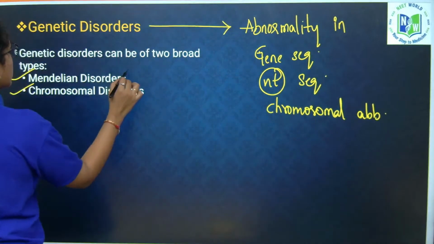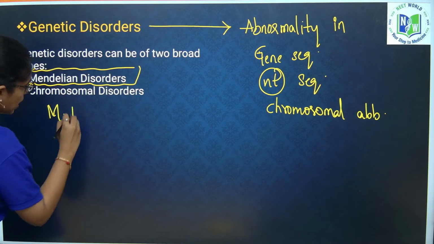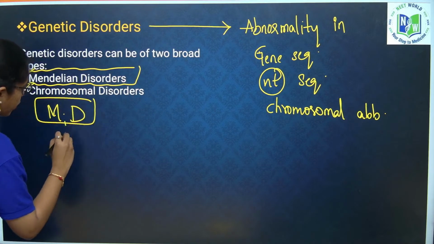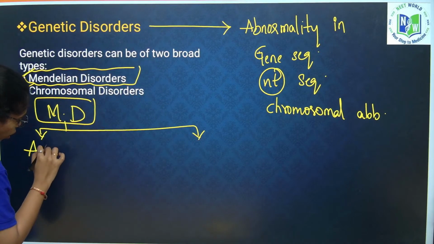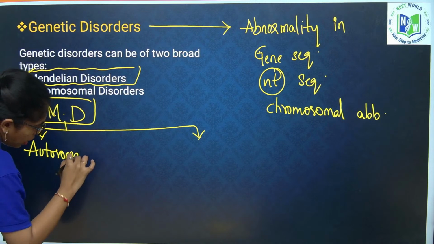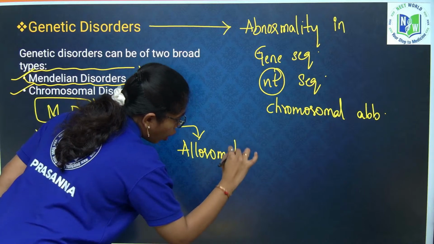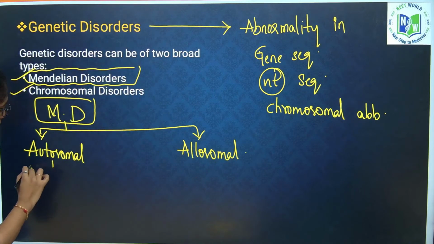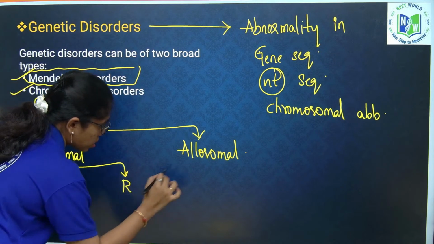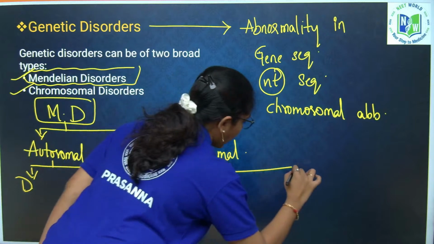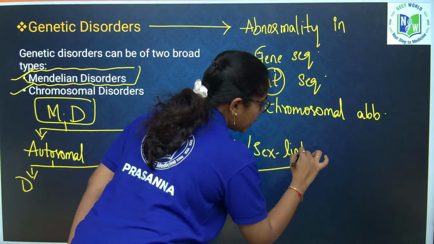Mendelian disorders are again broadly classified into autosomal and allosomal. Autosomal are of two types: autosomal dominant and autosomal recessive. Allosomal diseases are also called sex linked diseases.